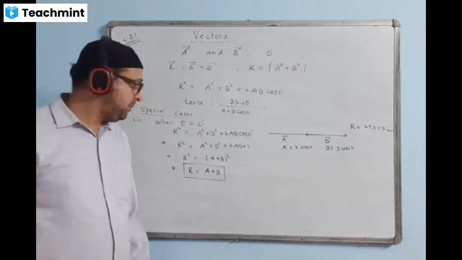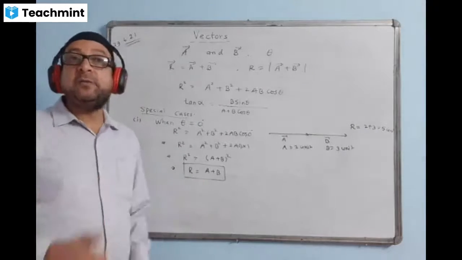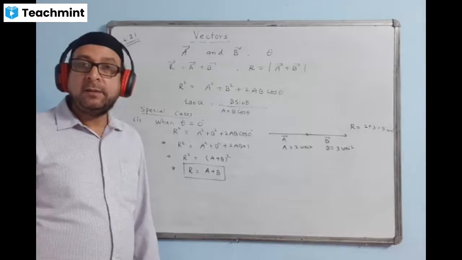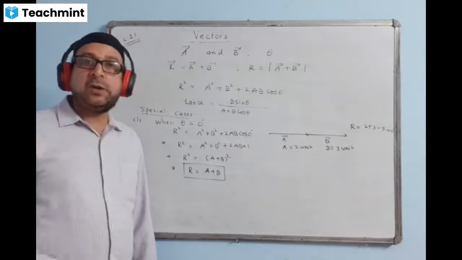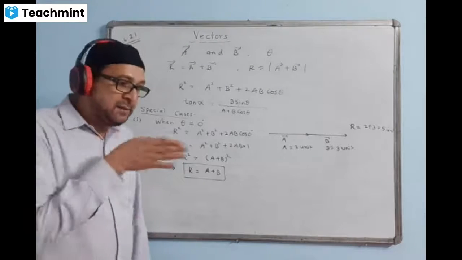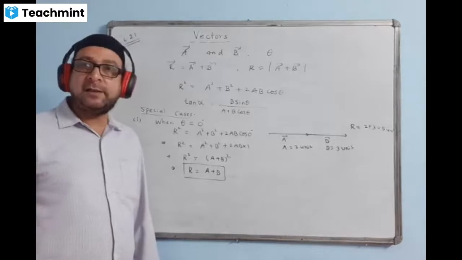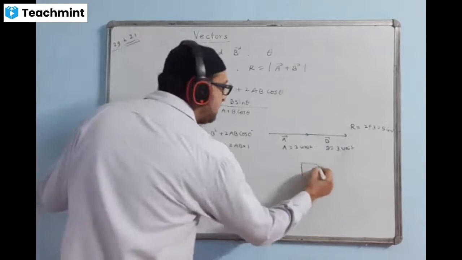That means when theta is 0, we get R is equal to A plus B. It is not that the two vectors cannot be added simply. They can be added simply only in one situation, only in one case, when the angle between them is 0 degree, or when they are acting in the same direction. I think you know that, suppose we take a body here like this.